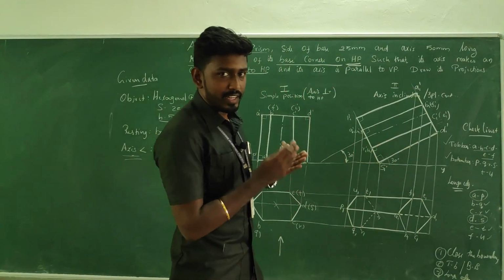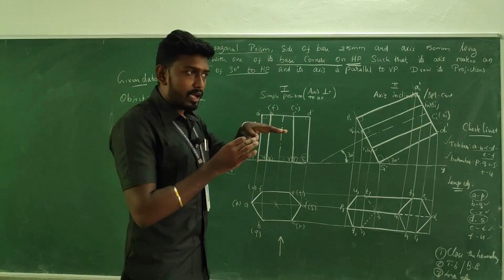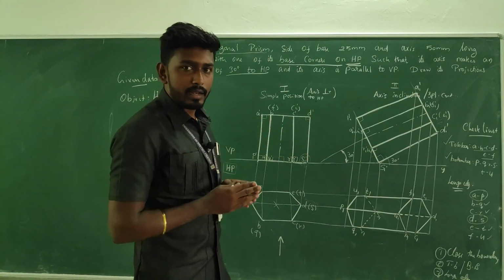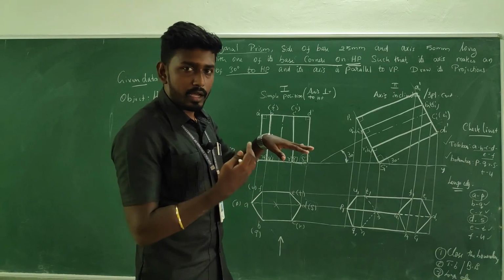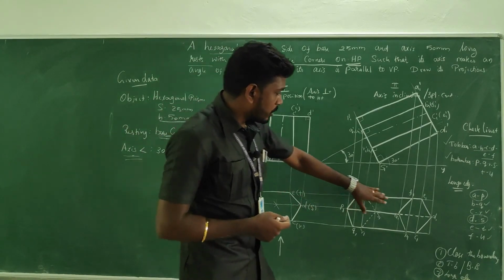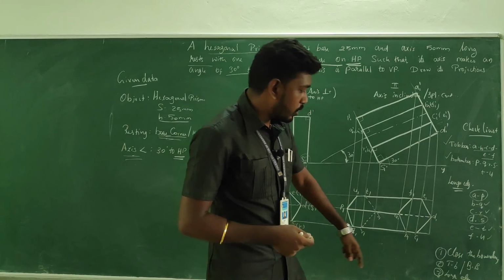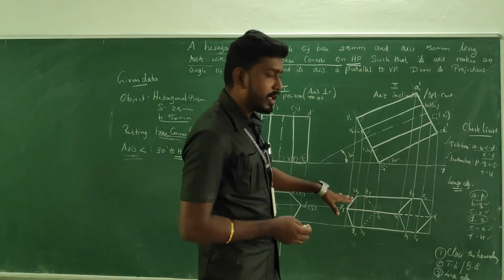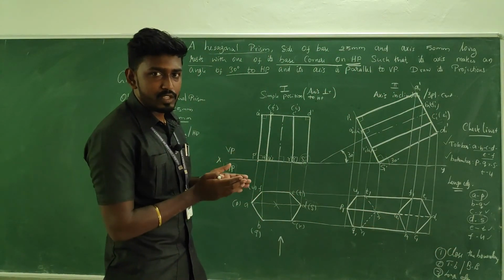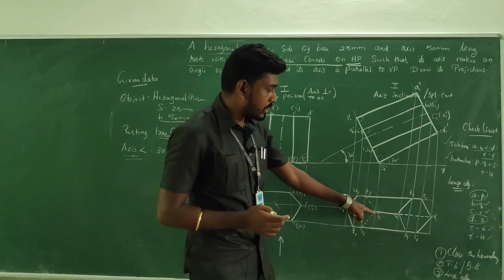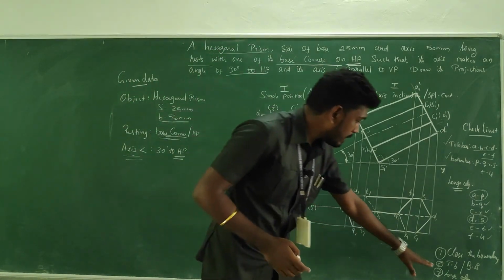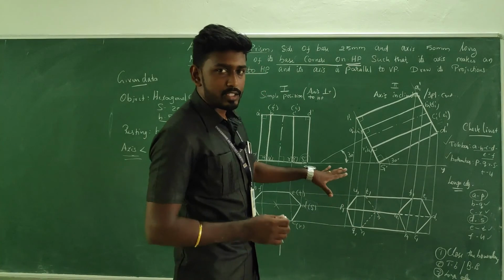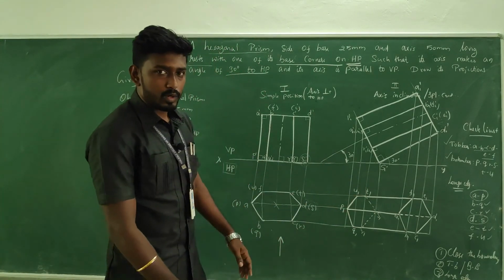When the object is inclined, definitely the top base will be 100% visible at any degree, right? So without any confusion, you can make the top base and look for the bottom base. The bottom base, when it is inclined, will be partially visible and partially invisible. So you have to note these things and then go for the longer edges. If you do the connections, you will get the final top view.